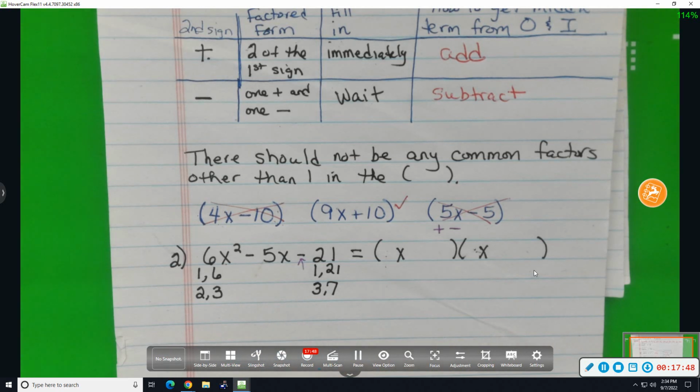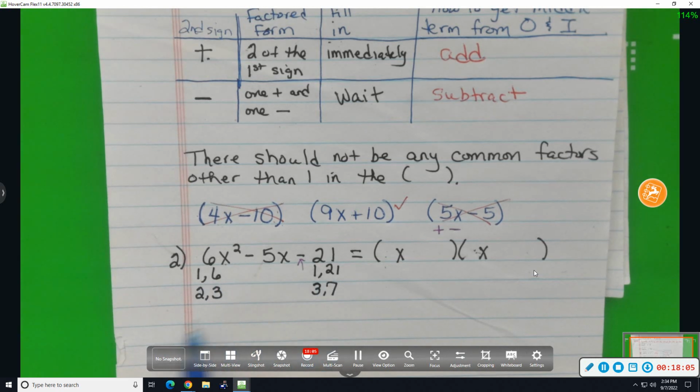There's only one correct pairing that'll work. I'm going to try the 2 and 3 first. If at any time, however, we get a large middle term, then that might be where you wind up using the 1 and the number. Okay? But there's no set rule on these.